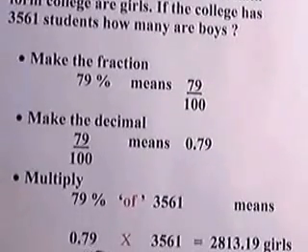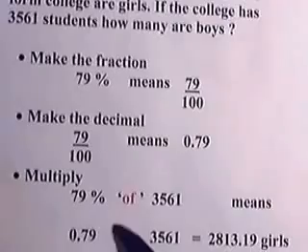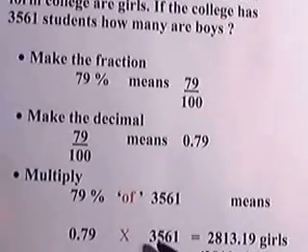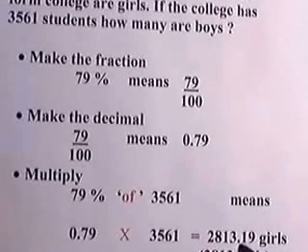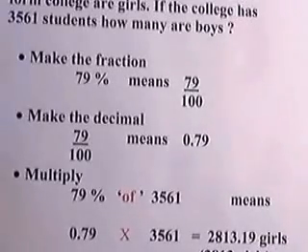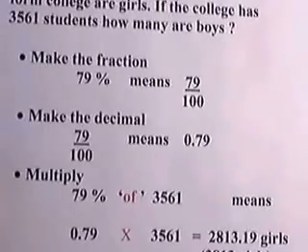And then we need to do the multiplying. 79% of the 3,561 means that decimal multiplied by 3,561. It comes to this figure here. Now this is a decimal. You can't have 0.19 of a girl. Well, not that I know of.